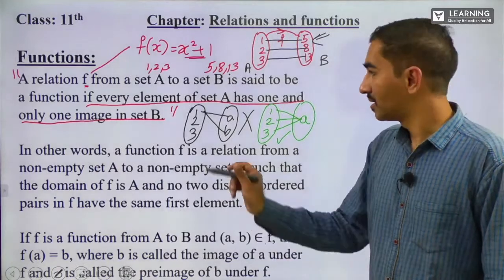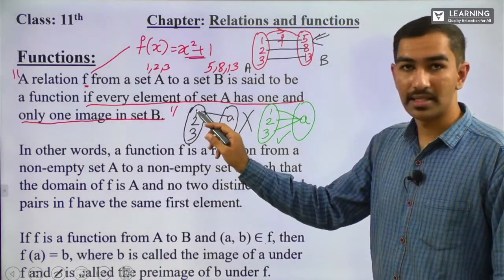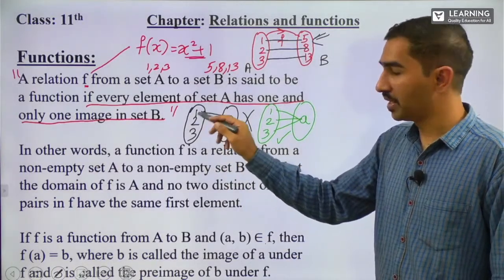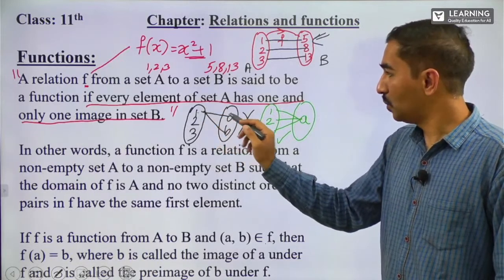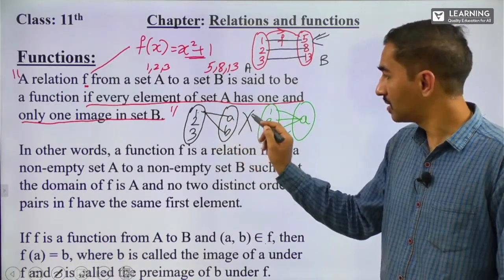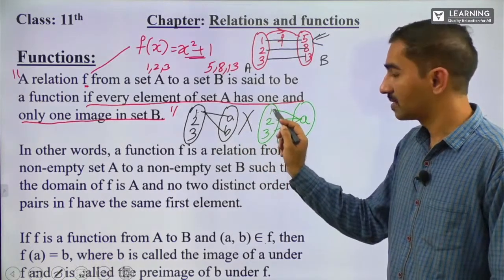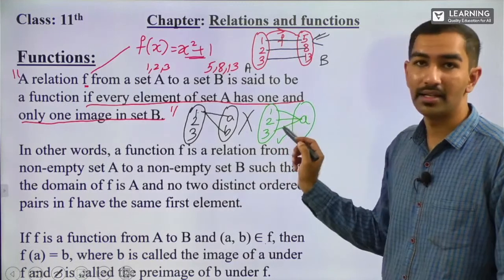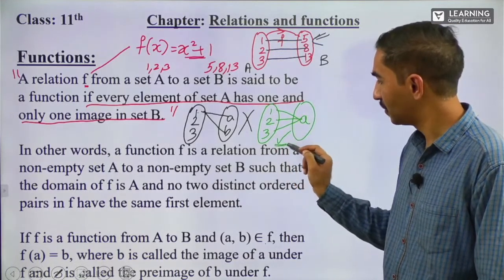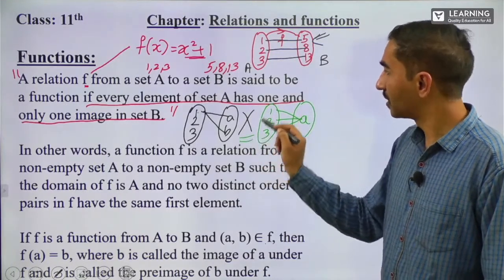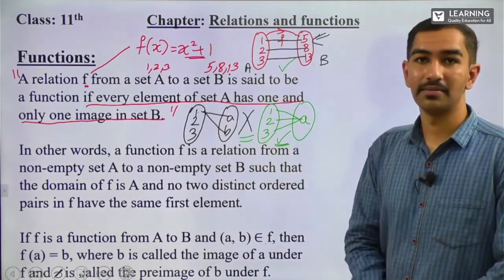Understand, students? If the same element X, or 1 in the domain, has two images in Y, then it is not called a function. But if each and every element in X has the same image in Y, that will be called a function. So this is a function. This is not a function. This is also a function. Understood?